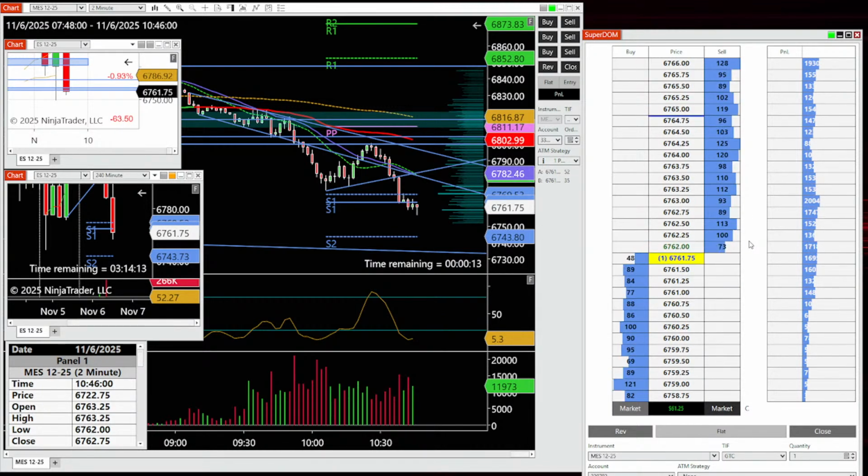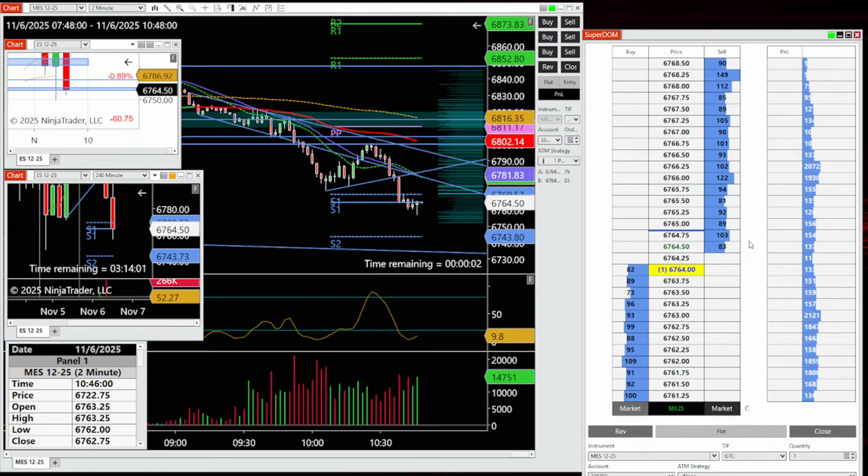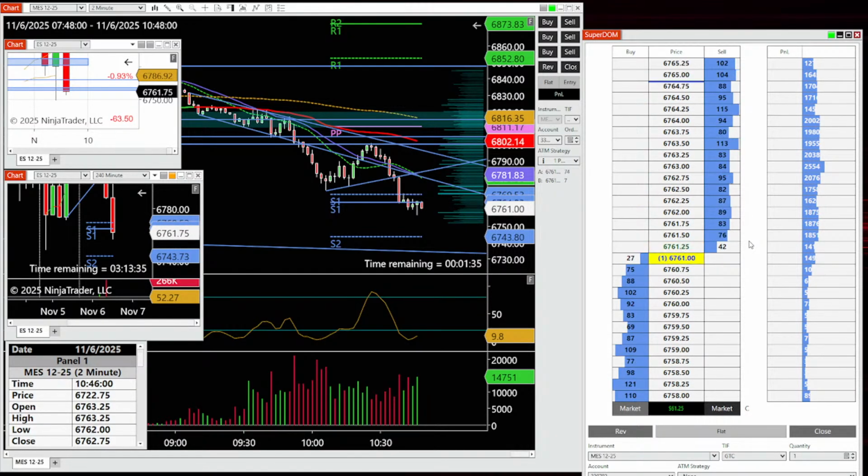Oh, the next 15-minute bar just opened up and making a bounce. What time is it? Okay, it's 10:40.